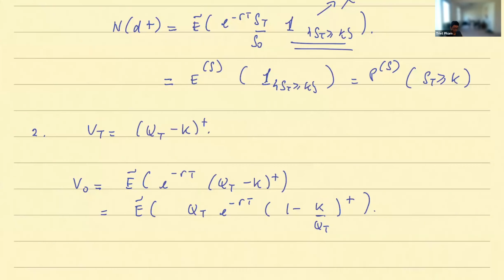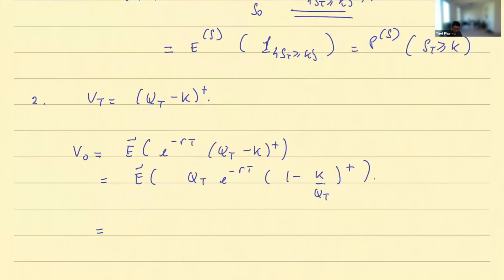Now this looks awfully tempting. In what sense? Well, we can do e to the R F T QT, and then discounted. Let me try to think.